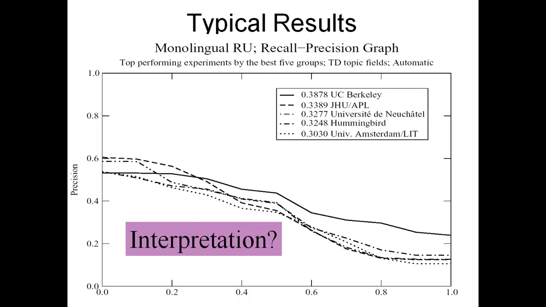And we are faced with a situation where we have to select one of these algorithms. Looking closely into these algorithms will show that, yes, on average, they're very similar in their performance. But system A might find different relevant documents than system B. And that is very typical.